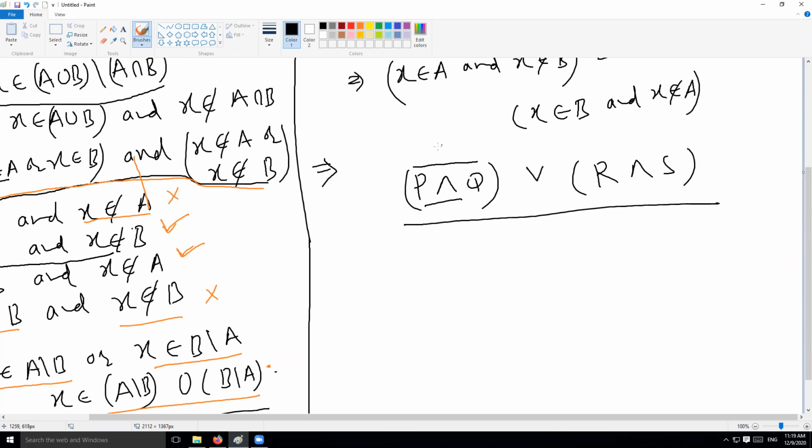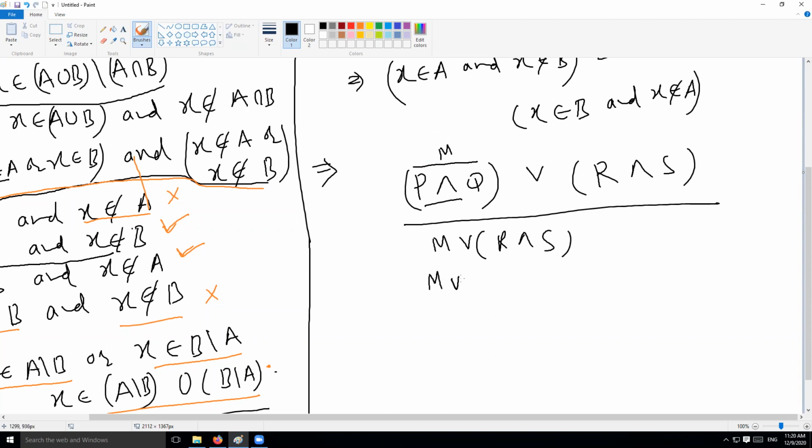P and Q. Let's call it T. Not T, but maybe, I don't know, let's call it B. Let's call this entire statement B. But let's not confuse this B with the other B. Otherwise we use some other symbol. Let's call it M. So I have M, or R and S, right?